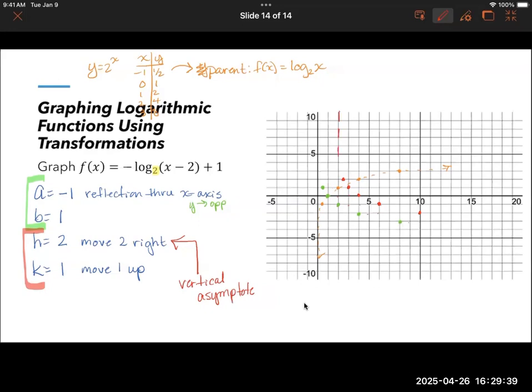So that's going to be right here. And now we can graph our function using the points and curving it into that asymptote as best we can. Okay, I know that looks a little bit like I crossed it, but just imagine that that's really just hugging in there pretty tightly and not crossing. There we go.